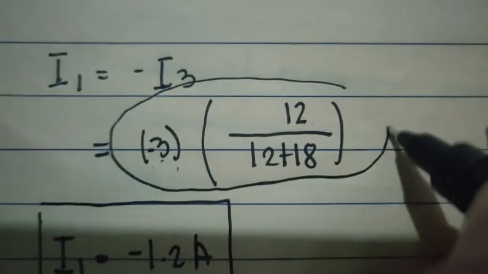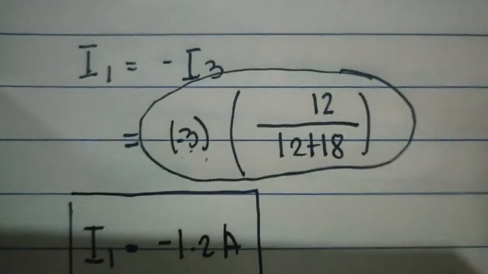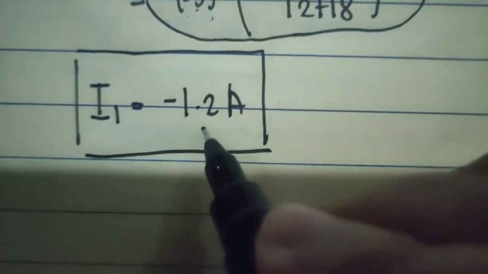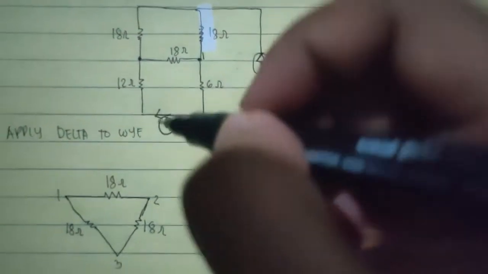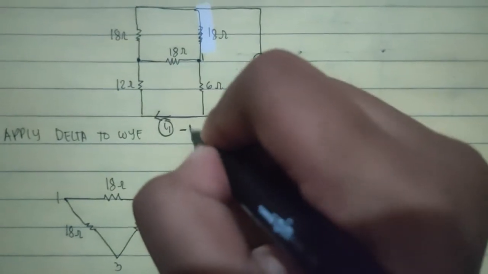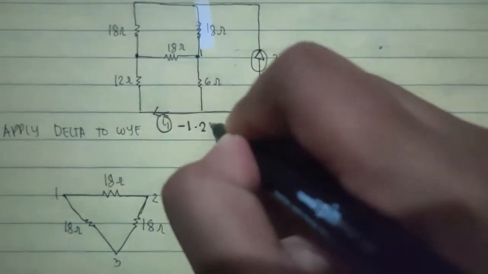This is our equation by applying current division. So by using calculator, we will arrive to negative 1.2 ampere. So this is the I1 that we are looking for in this circuit. So the I1 here is negative 1.2 ampere.